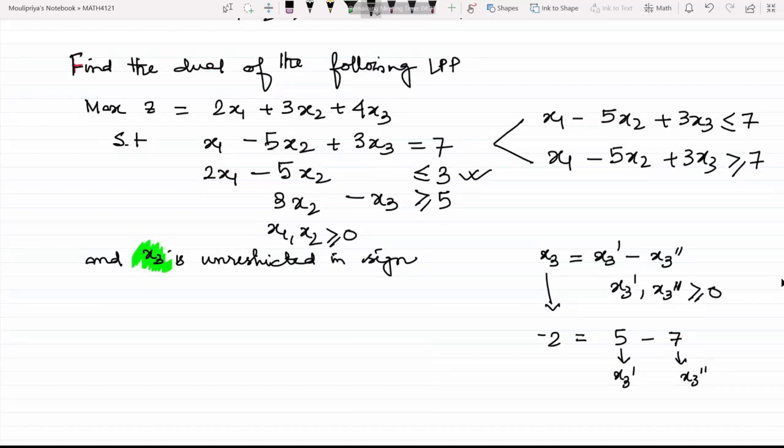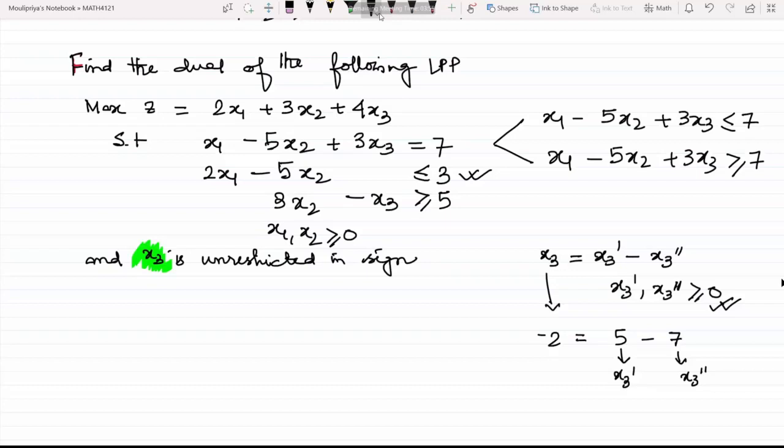That implies whenever we are getting a variable that is unrestricted in sign, we are rewriting it as the difference of two variables which are non-negative in nature. Am I clear with this? Is everybody okay with the logic of rewriting a variable that is unrestricted in sign in this manner? Anyways, I will assume nobody is having a problem.